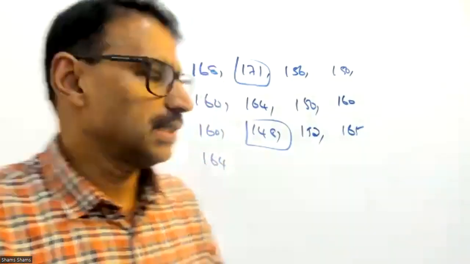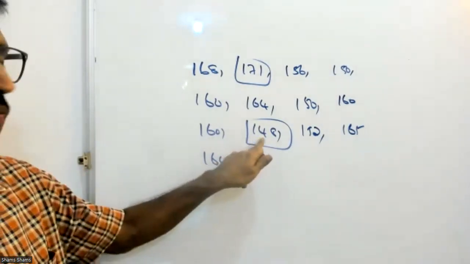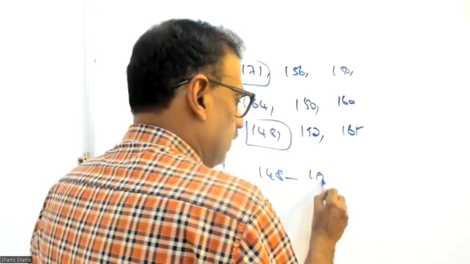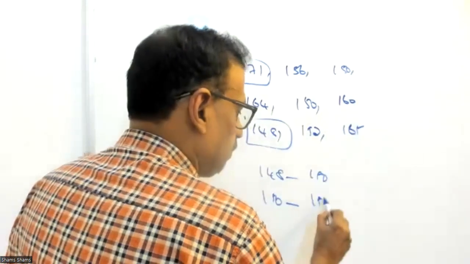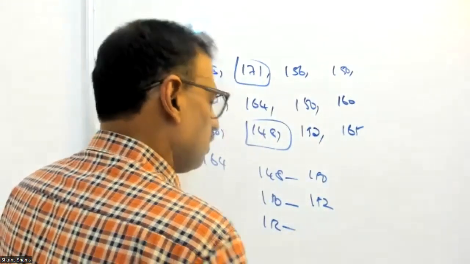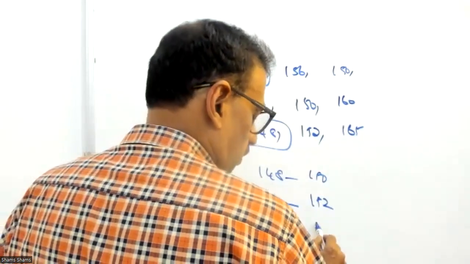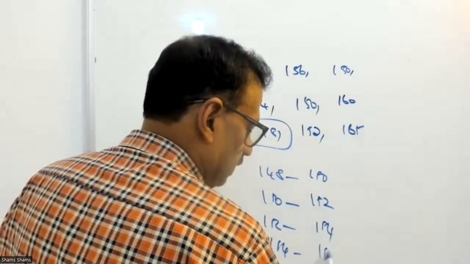Now, sometimes we make classes like this. Suppose 148 to 150, 150 to 152, up to the maximum 170. Or we can make it 5: 152 to 154, 154 to 156, like that.